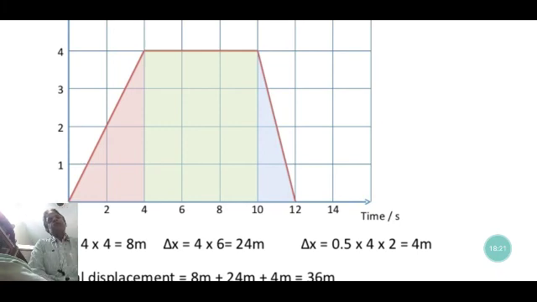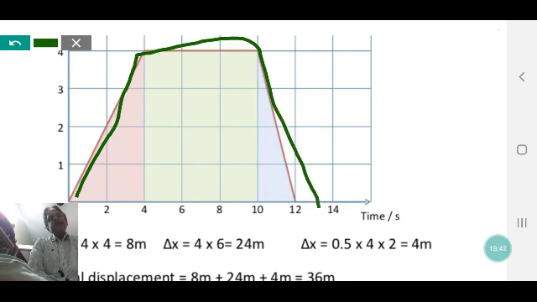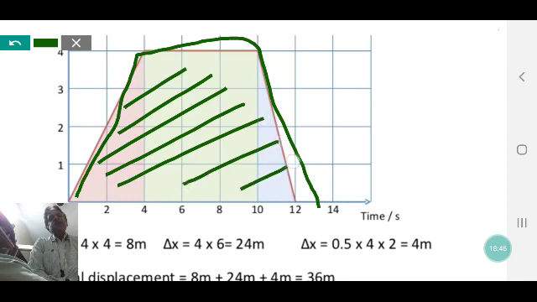Now how can we find the total displacement of the object moving under acceleration? In this graph, the area under the velocity time graph gives the value of magnitude of displacement covered during the time interval 0 to 12 seconds.